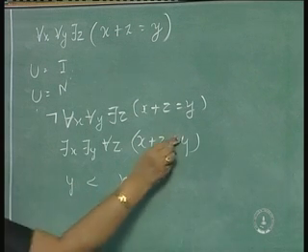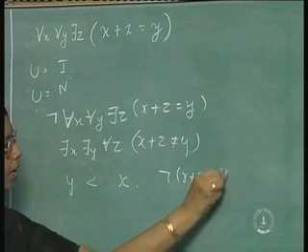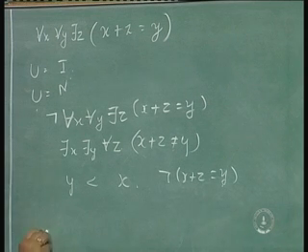You can also write this as not of x plus z equal to y. Again, the scope is very important, we have to be careful about this.